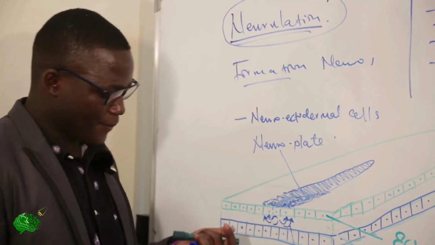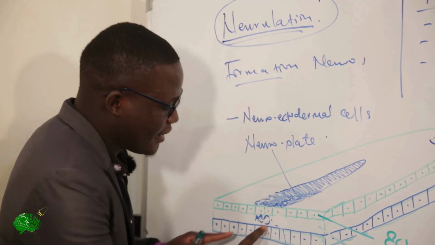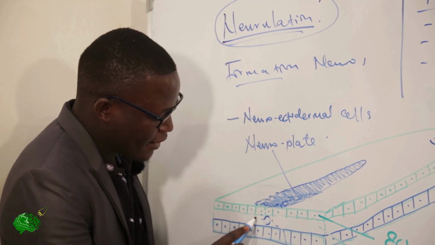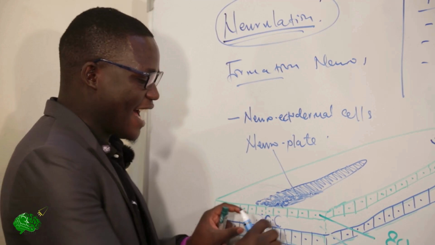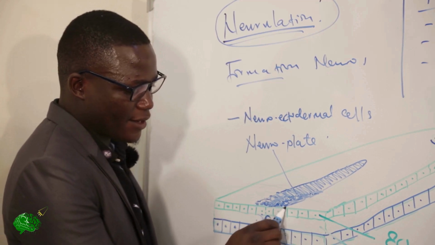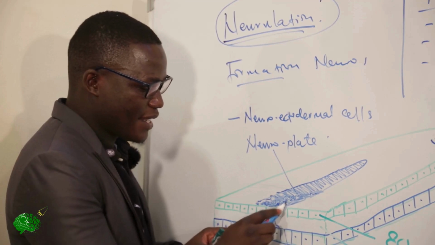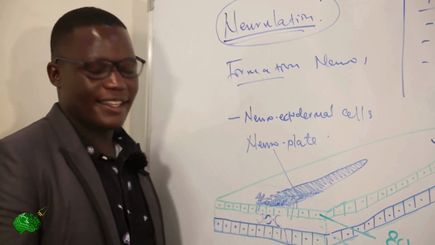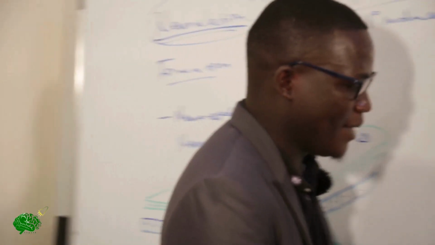The second thing, this mesoderm that we talked about initially, the area which is nearer to the notochord also proliferates and thickens. So it pushes the margins of the neural plate upwards, causing elevation of the margins of the neural plate. So this is what will happen.